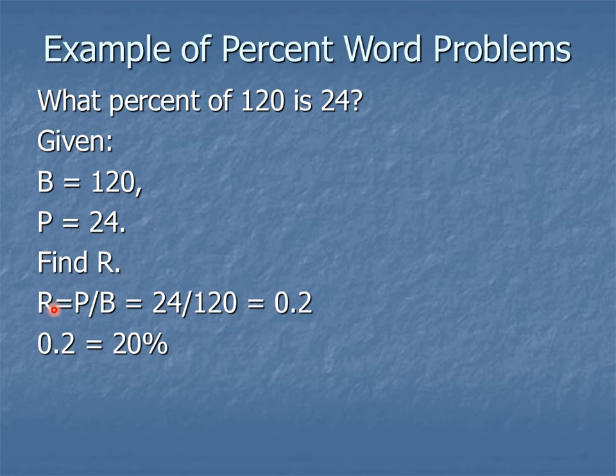Remember, we had three formulas, and this is the formula for the rate, because the rate is at the left side. We plug in the base and the portion, and get the answer. Remember, as I said, when you get the rate, the answer will come as a decimal fraction. We convert it to a percentage by moving the decimal point 2 positions to the right, which makes 0.2 equal to 20%, right? Any question here?